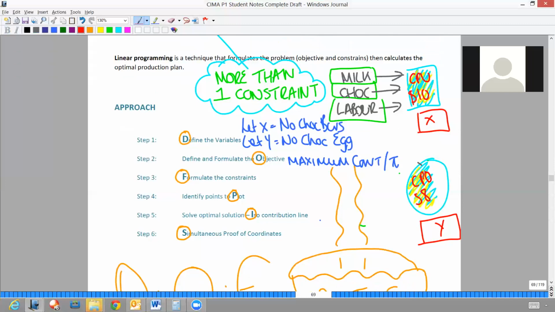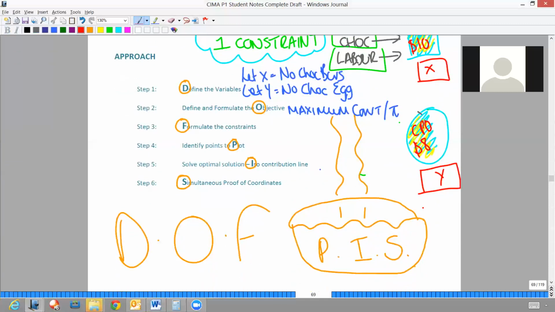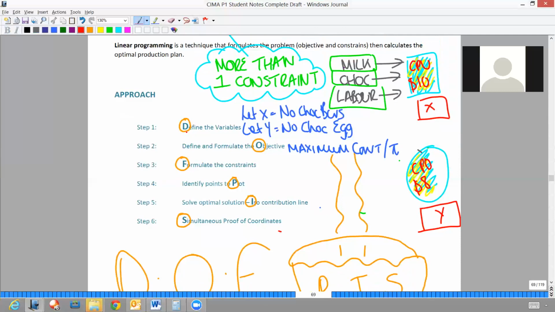For example, if we were defining the objective, we would say 10x add 8y equals maximum profit or maximum contribution. We need to know the number of X and we need to know the number of Y, and we will continue on and create those numbers.